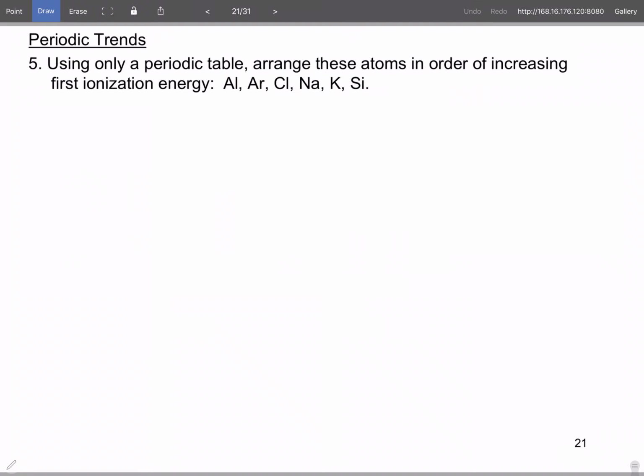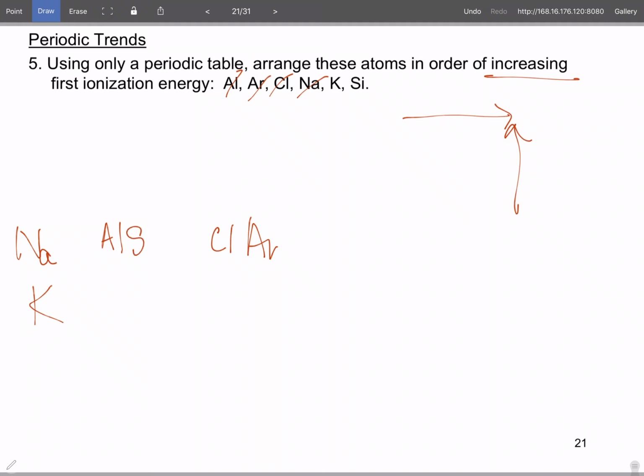Using only the periodic table, arrange these atoms in order of increasing first ionization energy. Now remember, increasing is up and to the right, so if it were me, I'd set it up on my periodic table. I have aluminum, I have argon, which is in the same row, chlorine, hey look, that's convenient, sodium's in the same row, potassium's not, and silicon is right next to here.